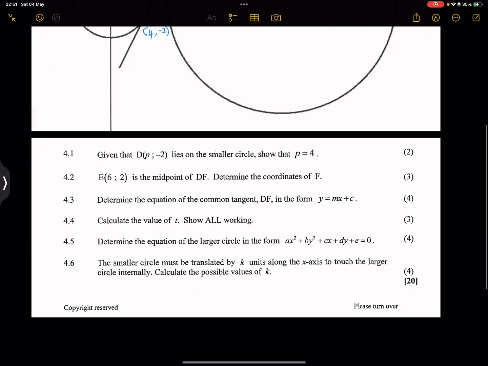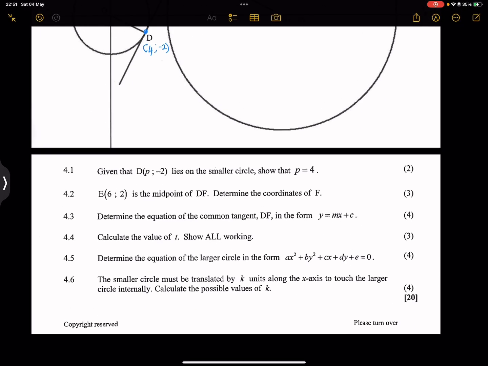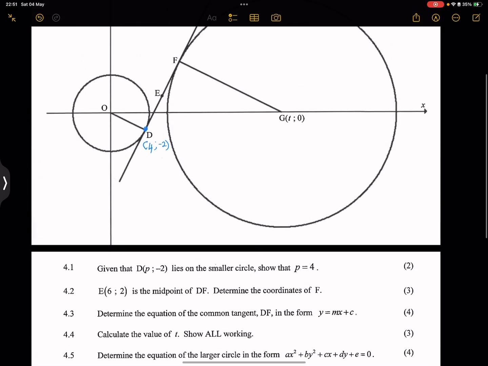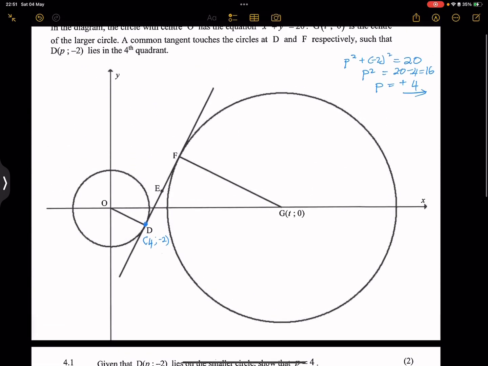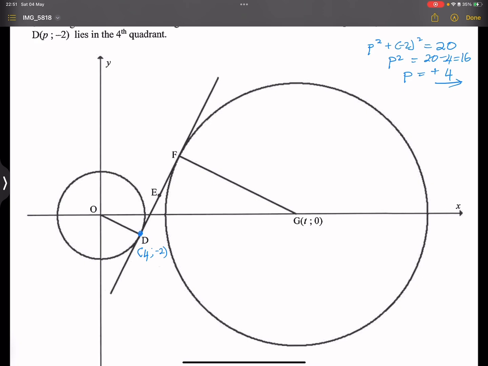They say E, which is (6, 2). So we need to go and put that there. Okay, so they told us that this point is (6, 2).